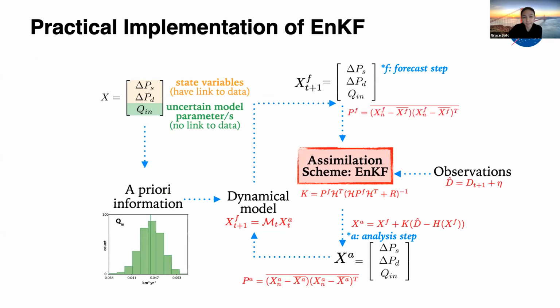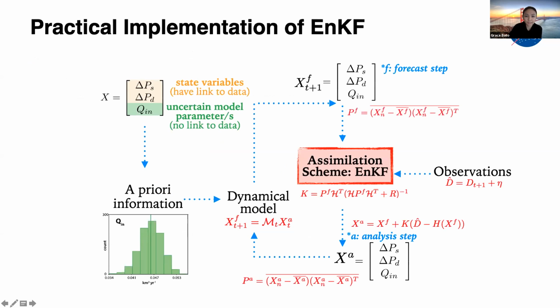So again, how do we implement the EnKF? Similarly to the Kalman filter, you start by describing your state variables and or your model parameters. You put them into your state vector, and then use a priori information derived from a previous assimilation step or model simulation, and then initialize the data assimilation process.